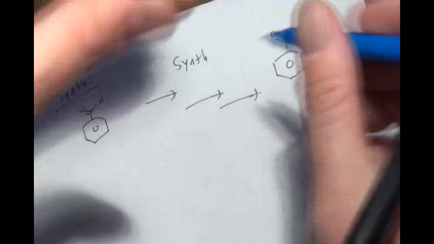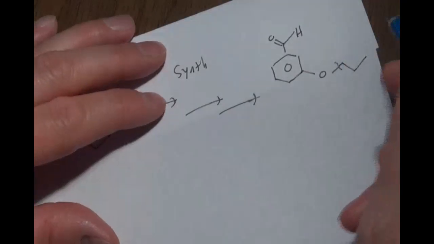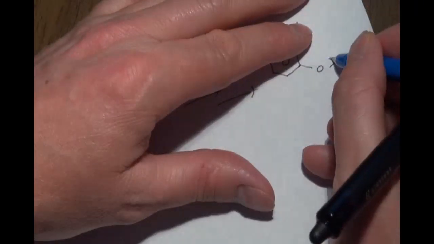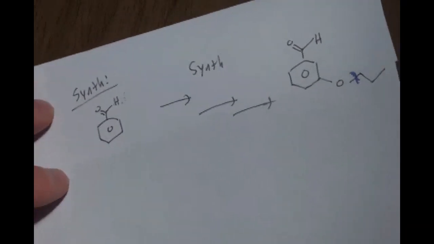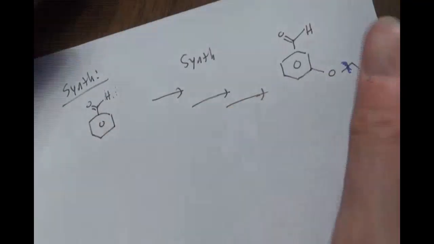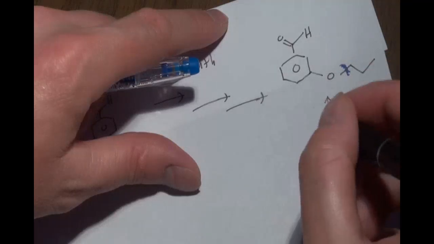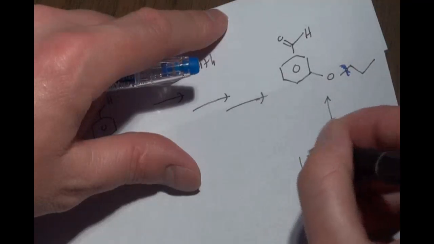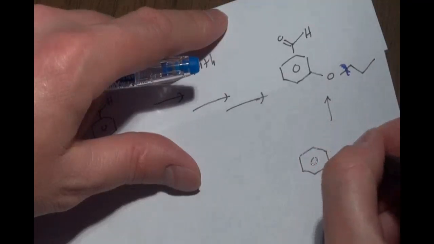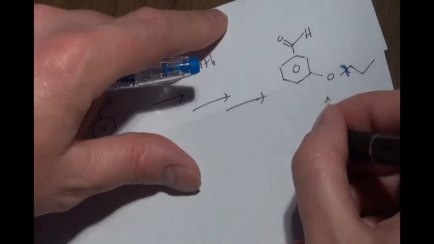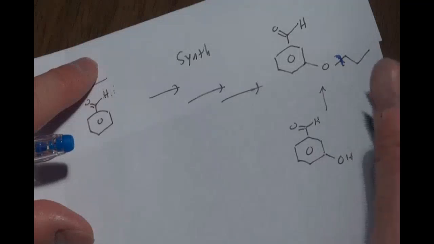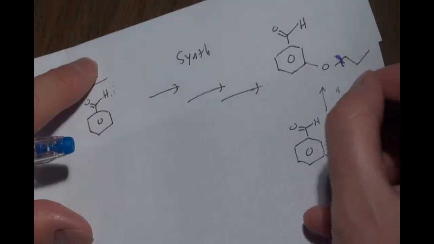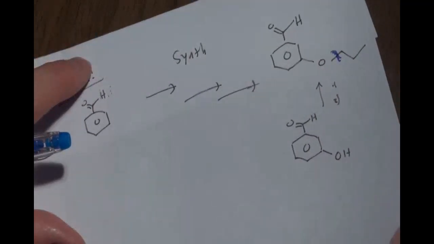But we do know that we can make ethers. I can make an ether from a phenol or an alcohol. So the last step might be to take that alcohol and attach a 3-carbon piece. So back from organic 1, how do you do a Williamson?